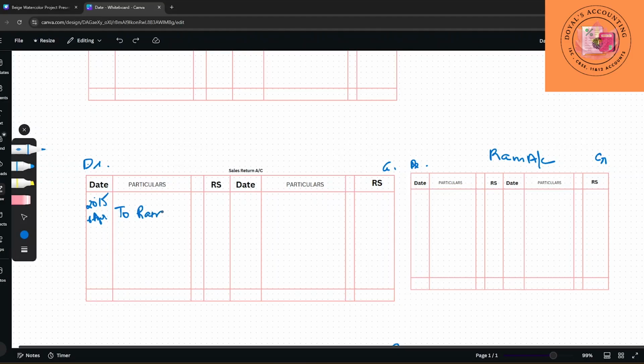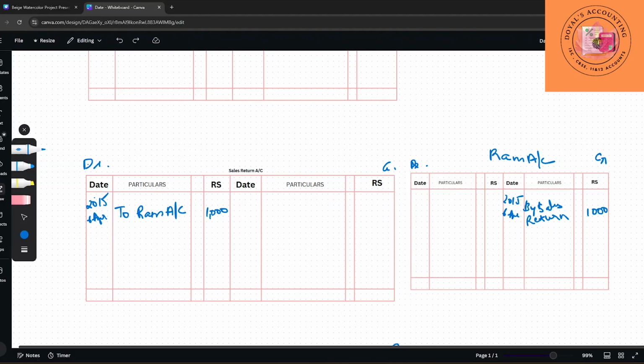So I will write on the debit side 1,000, and since Ram is being credited, I will record it here on the credit side, by sales return 1,000. Okay. So my journal entry is completely recorded in two accounts.